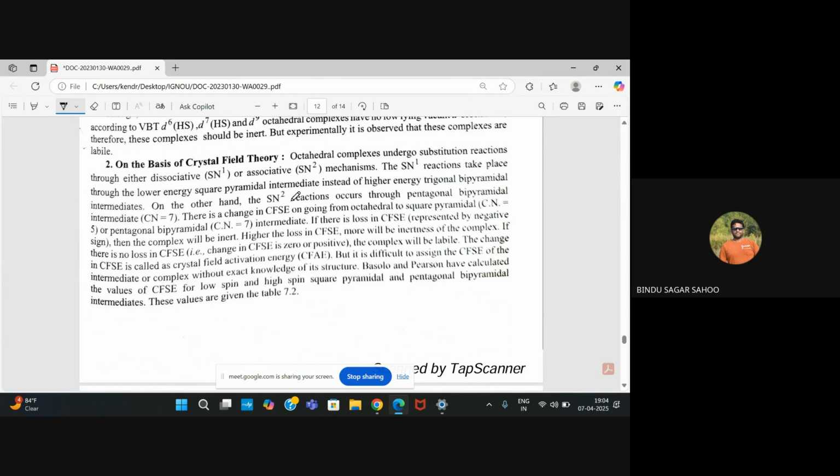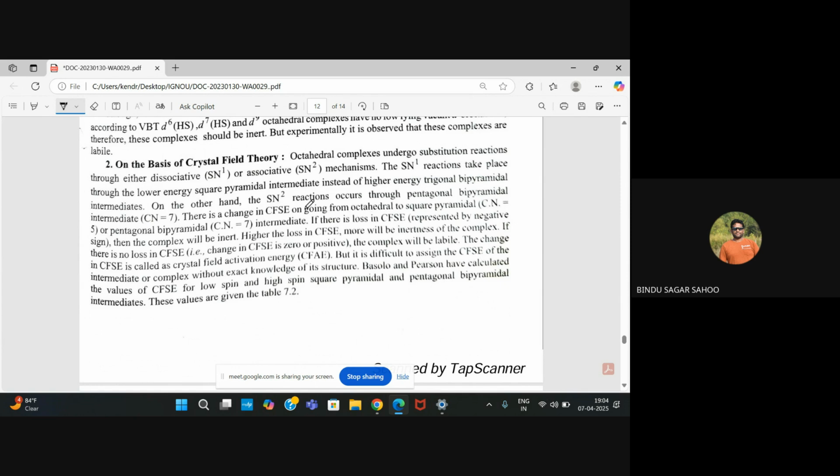So on formation from the reactant to the square pyramidal intermediate, if the change in CFSE or crystal field stabilization energy is negative, then it will be an inert complex. If the change in CFSE from the reactant to the intermediate is positive, then it will be a labile complex.